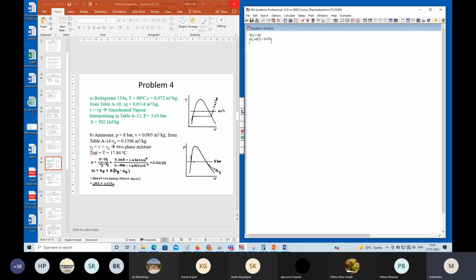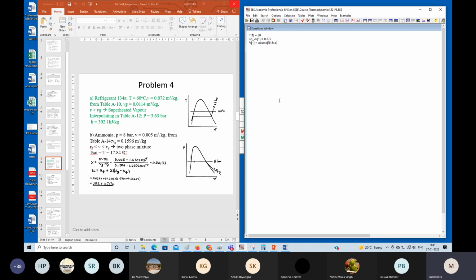Okay, so let us see over here. v1 equal to volume of R134a. So the fluid is refrigerant 134a, so you have to write it this way, R134a.